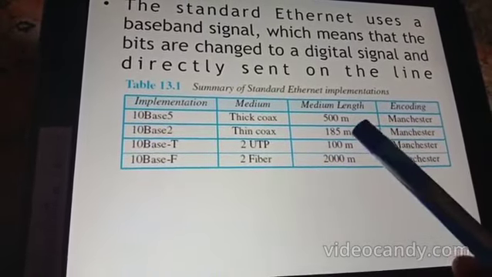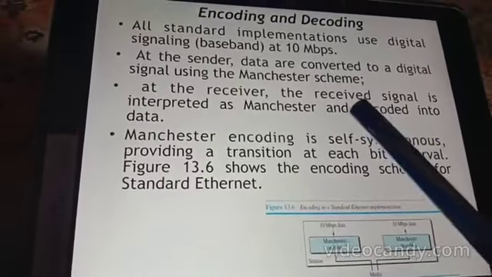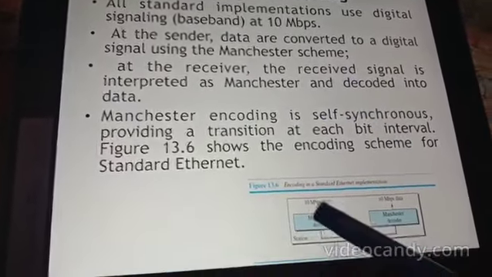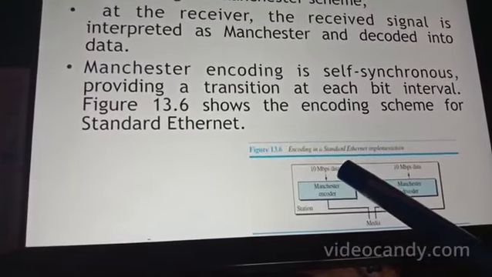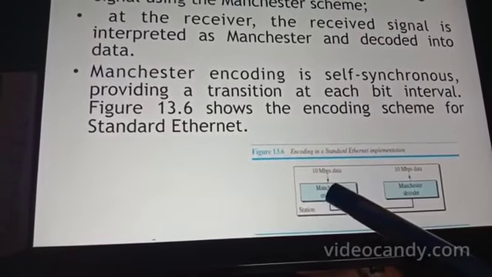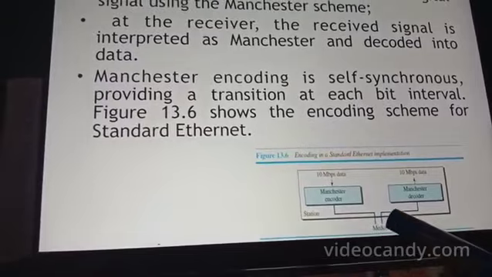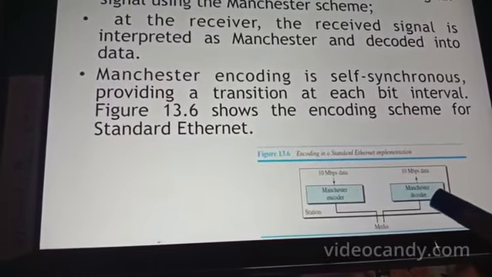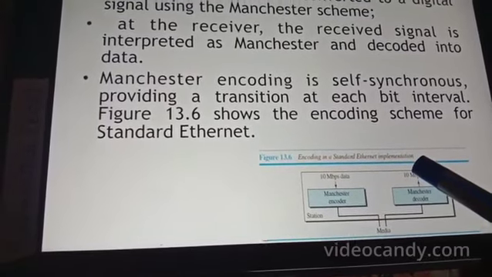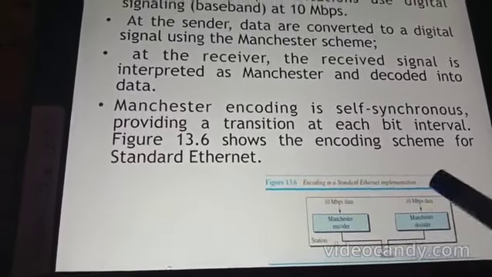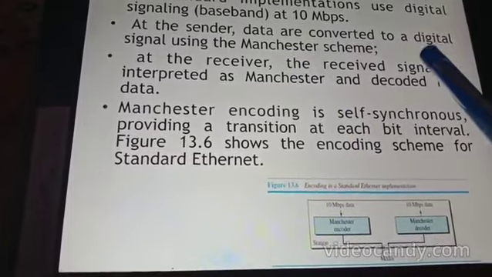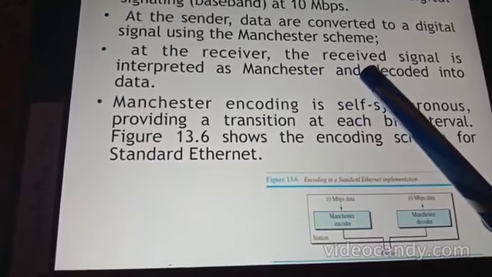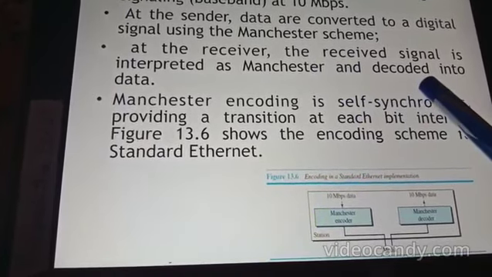Now to proceed further, the encoding and decoding scheme used here is Manchester. Consider I have 10 Mbps data which is to be encoded and sent through the medium, and at the decoder end it has to be decoded using the same Manchester decoding scheme, and the data is sent to the upper layer. So at the sender end, data is converted to a digital signal using the Manchester scheme, and the received signal is interpreted as Manchester and decoded into the data.